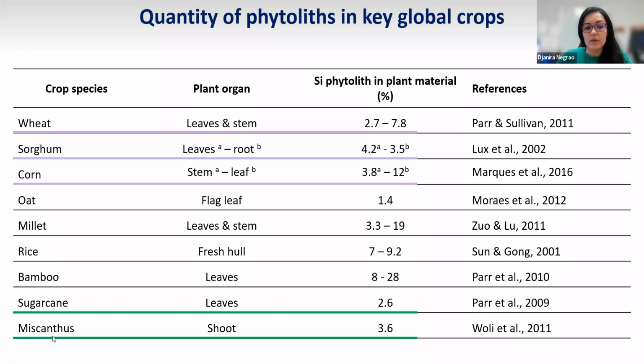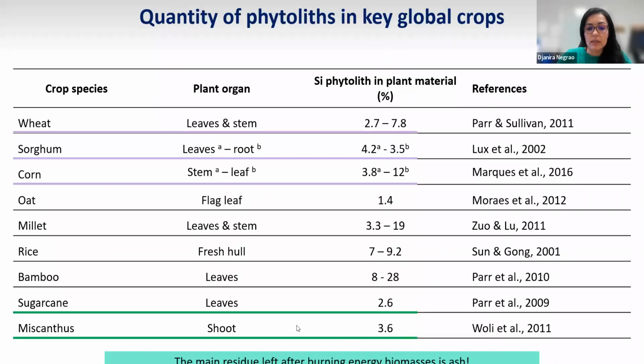And miscanthus is important, for example, here, where we use it for energy production as well. The shoots will have more or less up to 4% of silicon, but if we work with biochar, for example, it can reach up to 40% of silicon in the material.